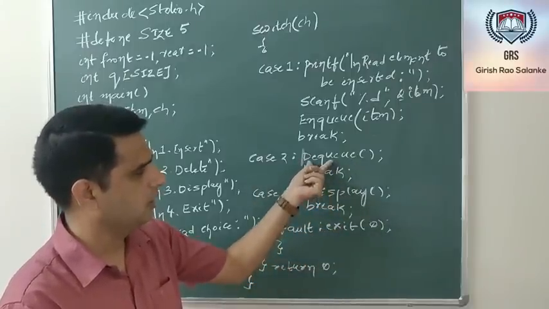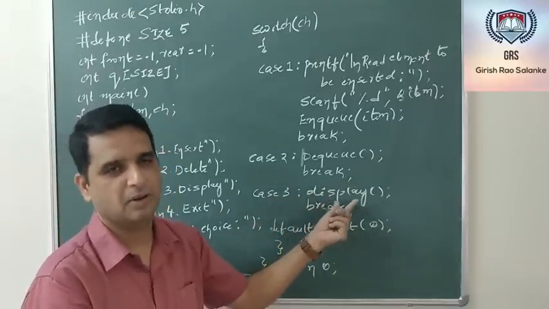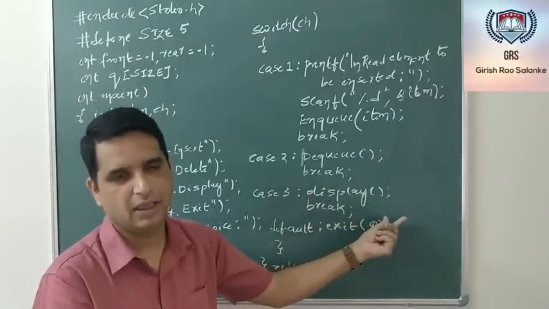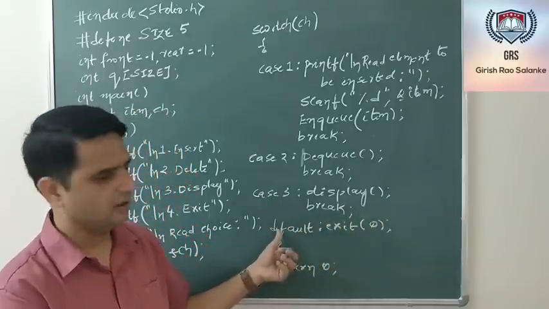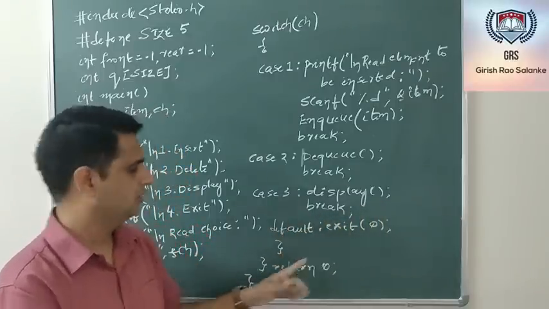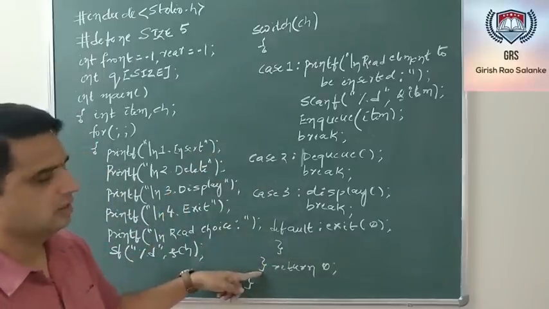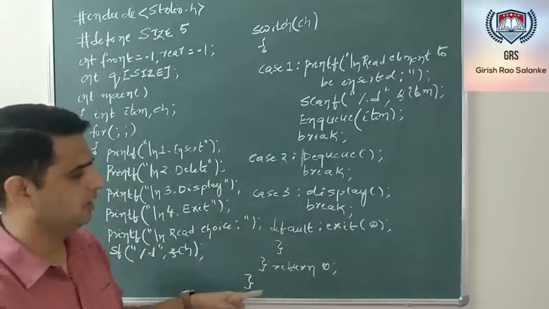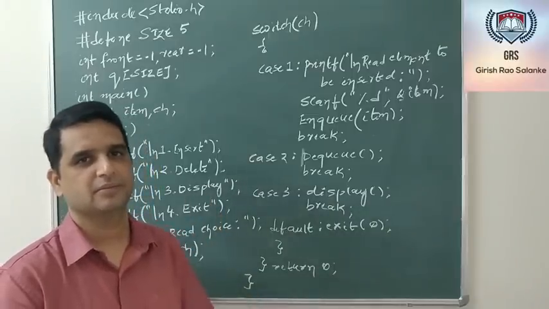So I am calling dequeue with no arguments. So case 3, I am calling my display operation. Even display operation was not having any argument. Break. Next is default, wherein I am terminating the program. So this is the close for the switch statement. This close is for the for loop, and before closing the main function, I am having a return 0. Hope this is clear. Thank you.